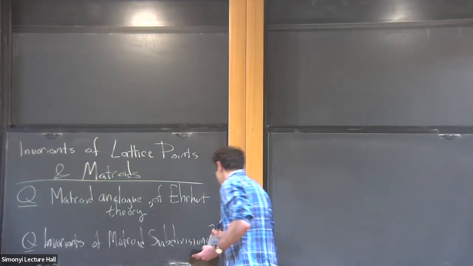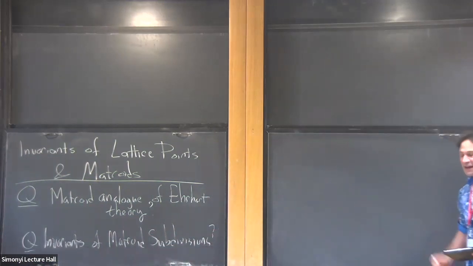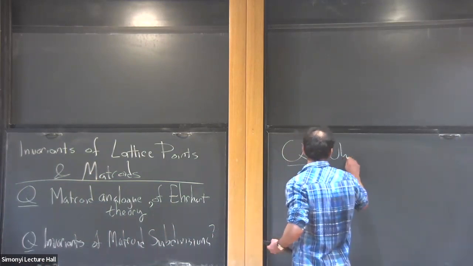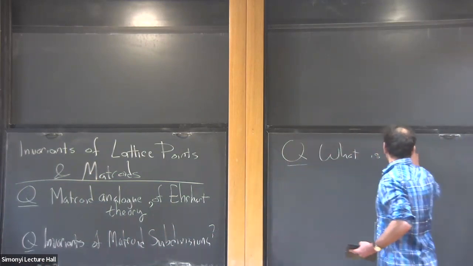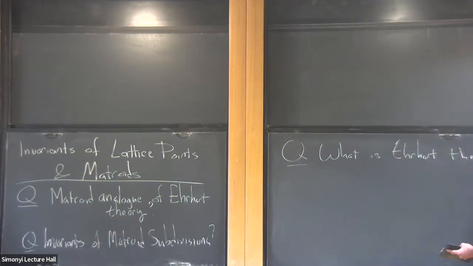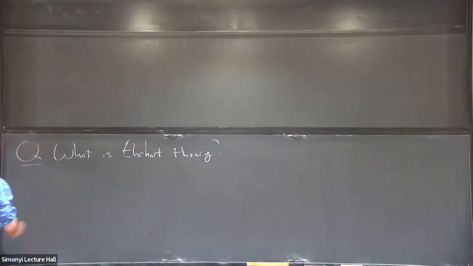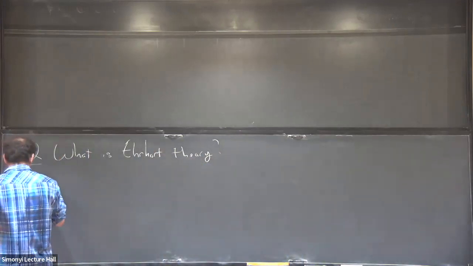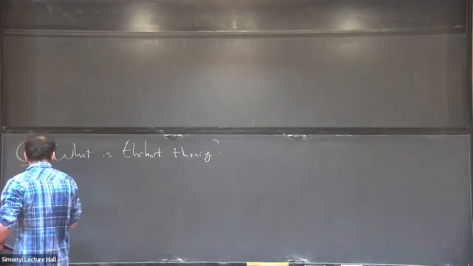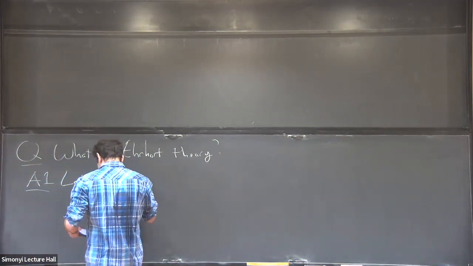Let's pretend we're in the first day of class. If you're teaching Ehrhart theory, you ask right on the board, what is Ehrhart theory? I'm going to give two complementary answers, and they both reflect different algebraic geometric perspectives. Answer one is the study of lattice points in dilates of a polytope.